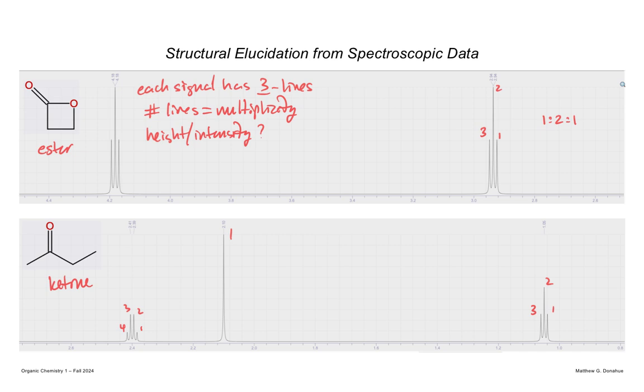So the number of lines is telling us something that we can use to help start building up the molecule. So if you didn't see that ketone up there, you could look at this data, think through the logic, and then piece it back together to arrive at that structure. If you had to guess, lines 2 and 3 here are the same height, right?